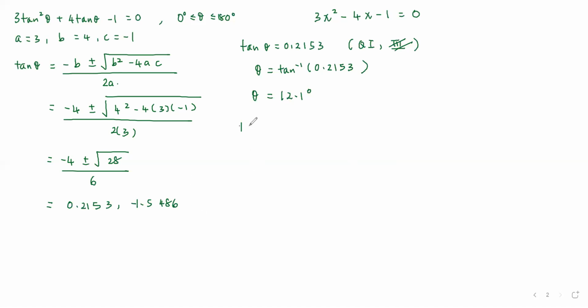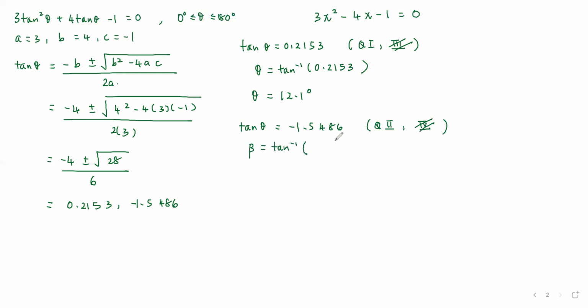The second value, tangent theta equals negative 1.5486. Tangent is negative in the second and the fourth quadrant, but theta is in between 0 and 180 degrees, quadrant 1 or quadrant 2. Quadrant 4 is out. Your answer should be in quadrant 2. To find a quadrant 2 angle, you need to find a related acute angle.